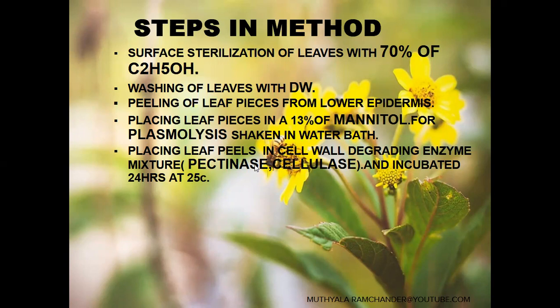Finally, we mix the leaf peels of the selected parental plants with the enzymes. They are incubated for 24 hours at 25 degrees Celsius. After 24 hours, we identify only protoplasts in that mixture, and the cell wall is degraded.